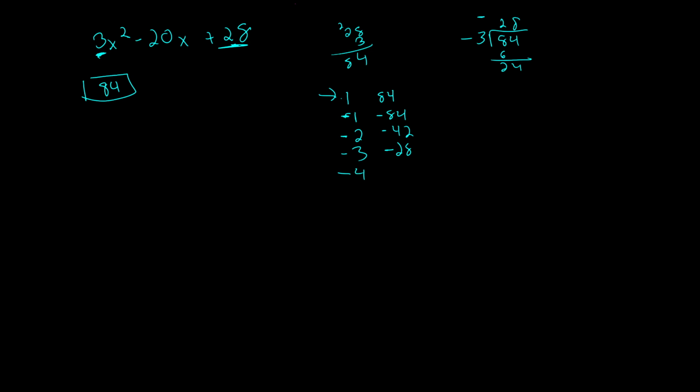Let's see, 4 goes into 84 negative 21 times. Does 5 go into it? No. Does 6 go into it? I do believe 6 does. Or negative 6, I should say. Because negative 6 goes in there once, four. And so negative 14.